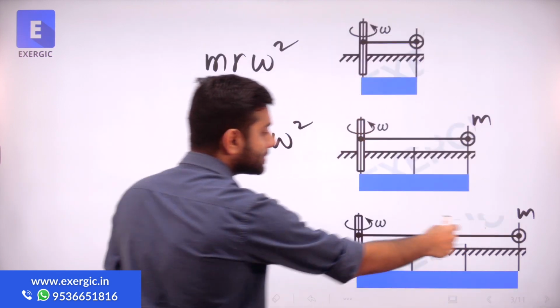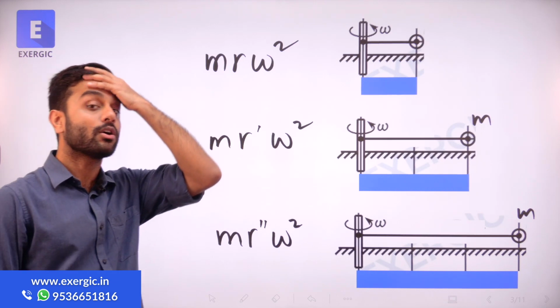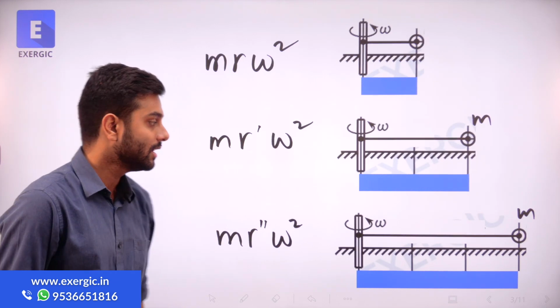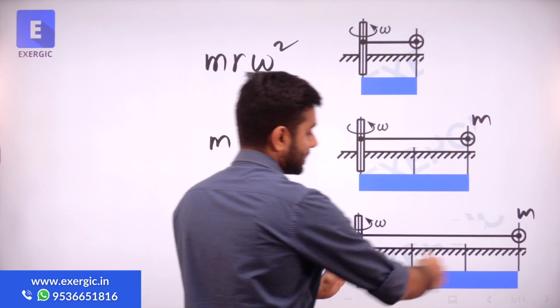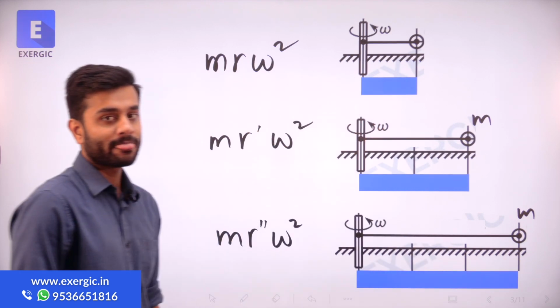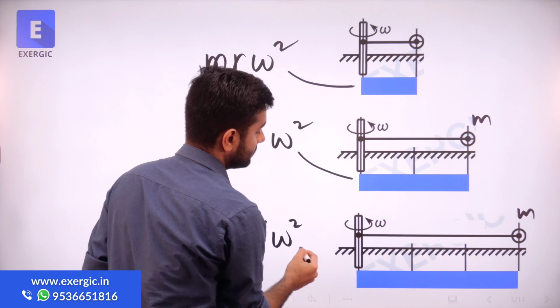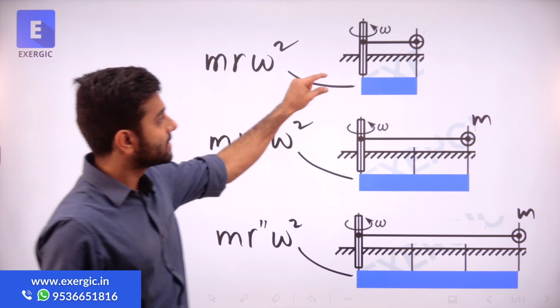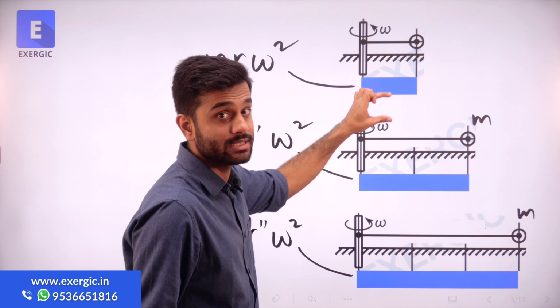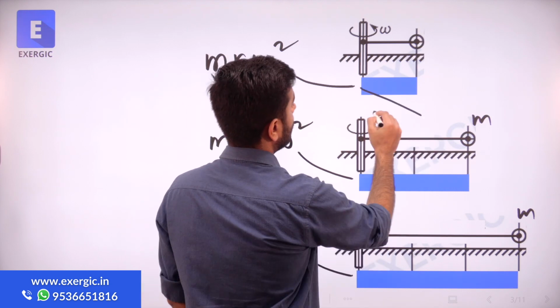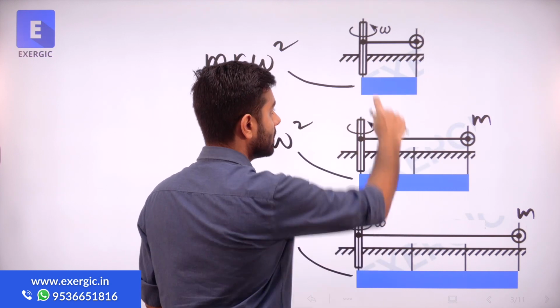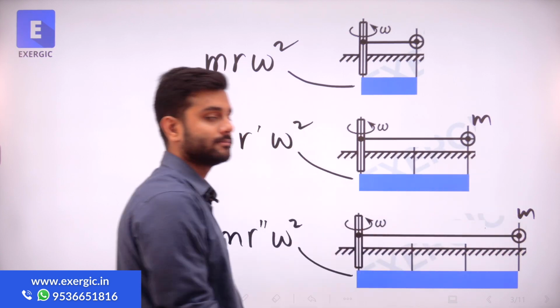If I only consider the third mass, again there will be a constant value of centrifugal force, m r double dash omega square. This is r double dash. That constant value is represented by this strip. This strip is representing that it is constant. It is not changing, it is not increasing or decreasing, right? It is constant.